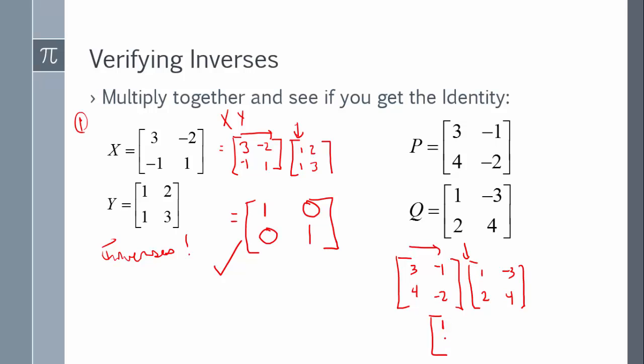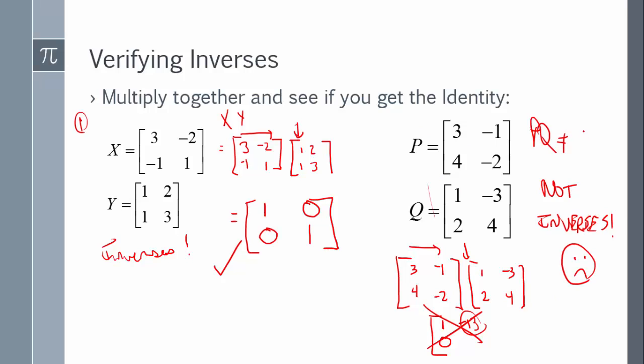Negative 2 times 2 is negative 4. That adds to 0. 3 times negative 3 is negative 9. Negative 1 times 4 is negative 4. That adds to negative 13. We needed that to be 0. These are not inverses. Sad day. Okay, because they do not multiply. PQ does not equal the identity, so they can't be inverses.